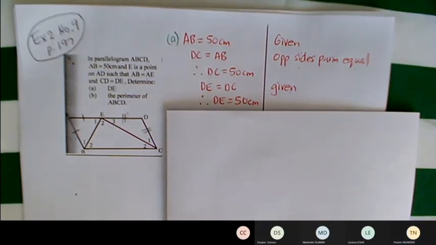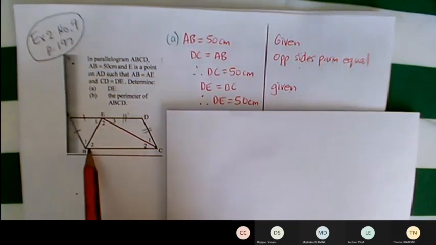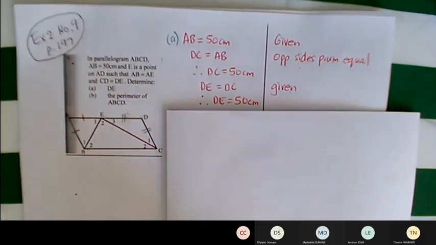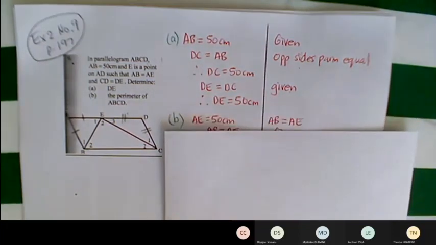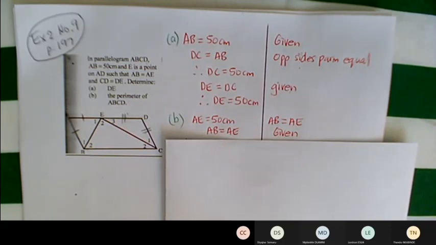Right, now we're going to the second part of B, finding the perimeter. So AE is 50 because this side was 50, right? Because AB is equal to AE, and that is given.